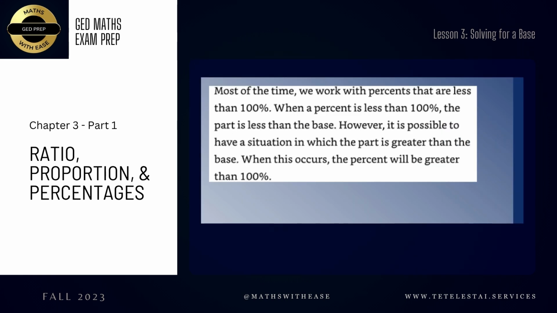Most of the time, we work with percentages that are less than 100, right? But when a percent is greater than 100, we know that the part is greater than 1.